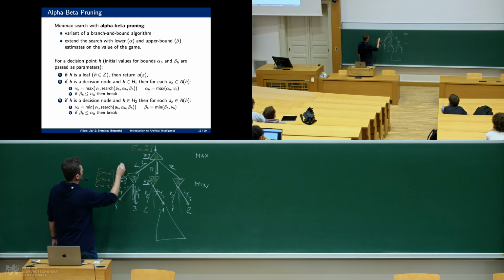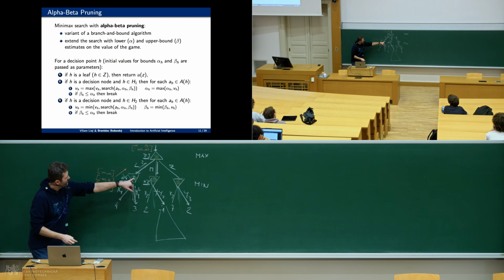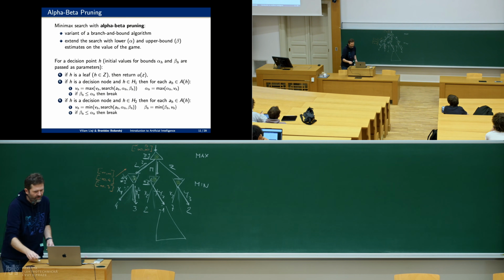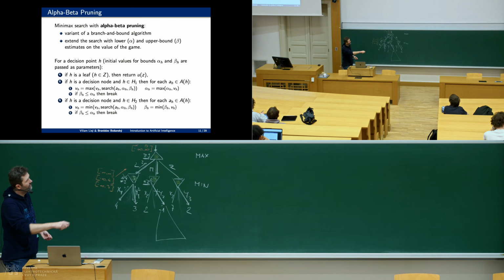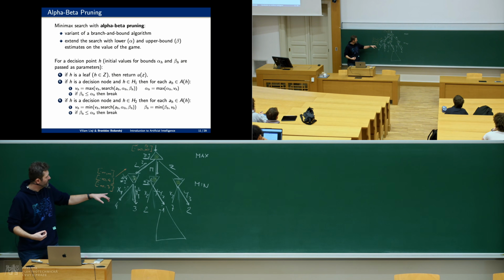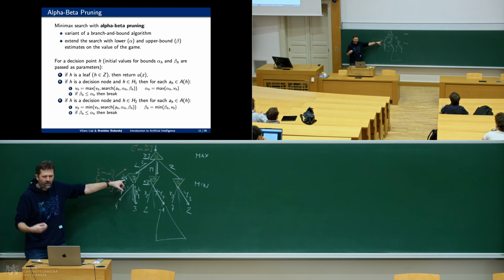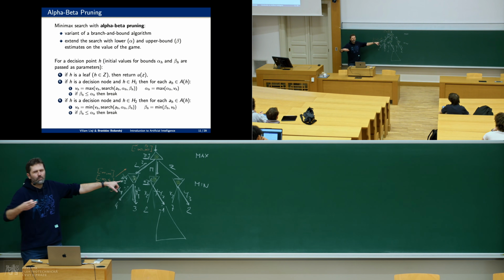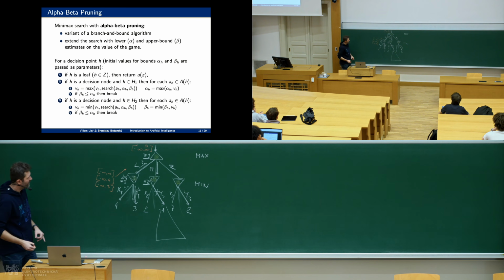upwards. And you can see that in here, for the minimizing player, we are updating the upper bound beta, like we were in this part of the algorithm, because the minimizing player is trying to minimize the value. So if I find value 4, I know that the outcome is at most 4. So I'm modifying the upper bound, the beta, right?